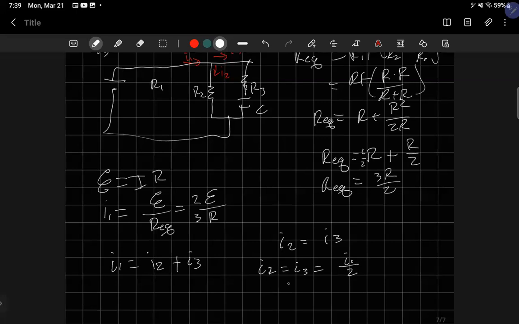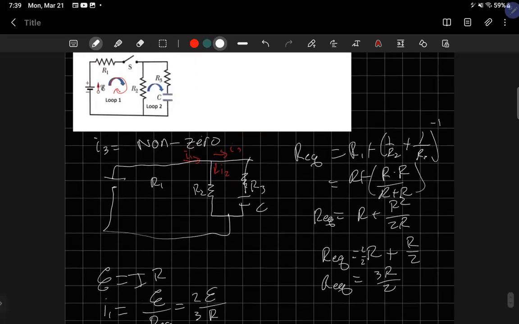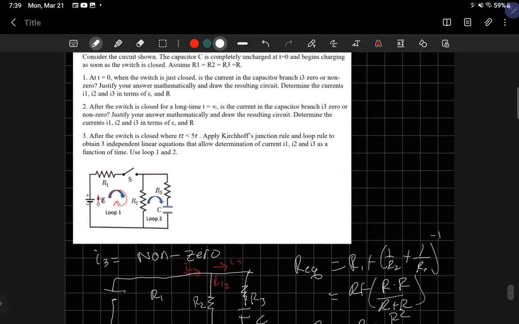So we get I2 equals I3 equals 2E over 3R, all divided by 2, which would be E over 3R. Okay, that wasn't too bad. Took me a while to catch on, but I eventually got there.